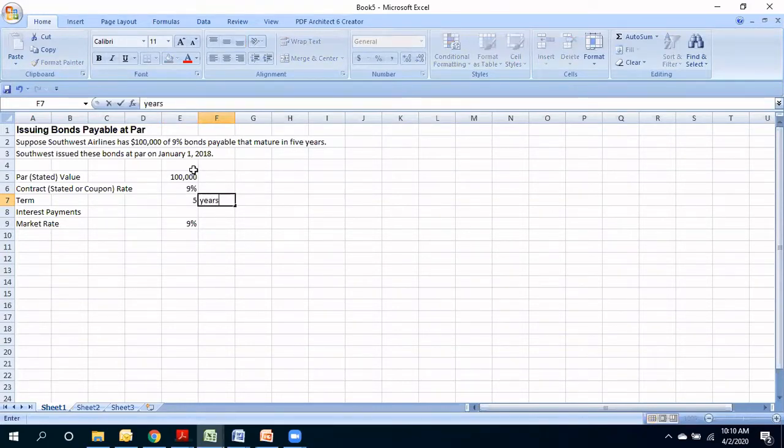The interest payments are twice a year, so semi-annually.